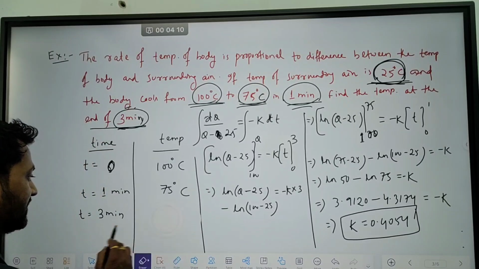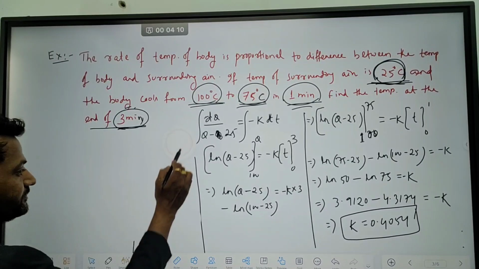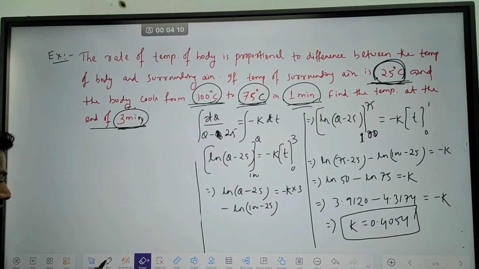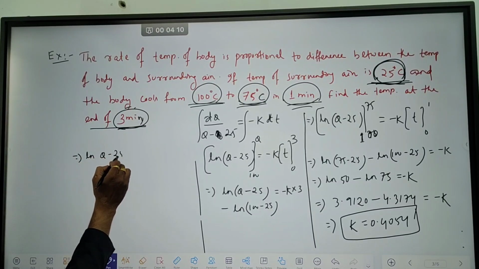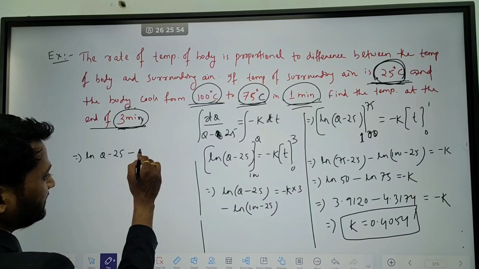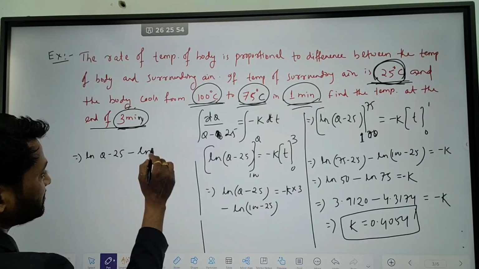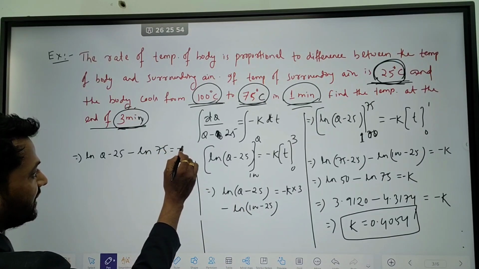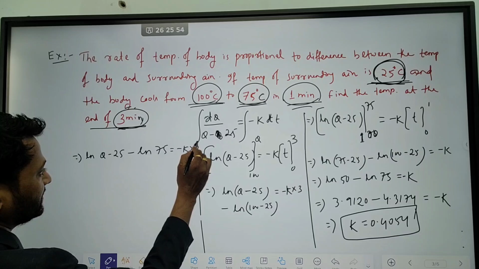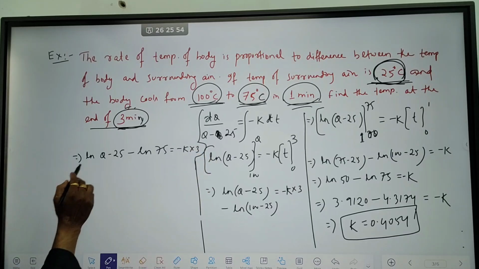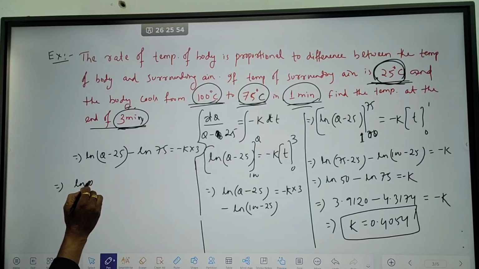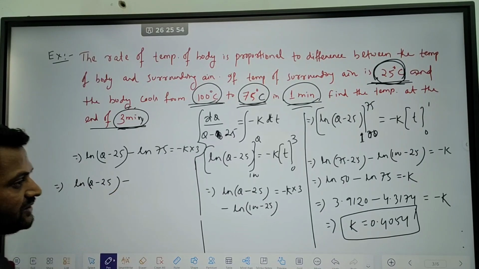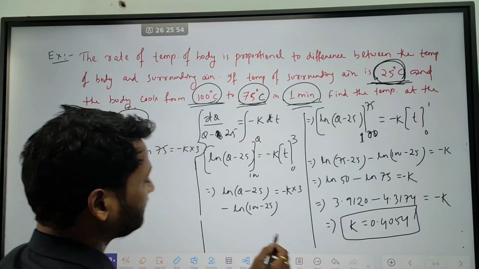Okay, so here I am writing, so now ln theta minus 25 minus ln 100 minus 25 is 75, equal to minus k into 3. So ln theta minus 25 minus ln 75.